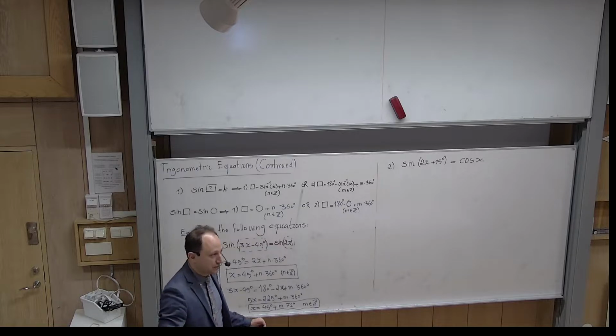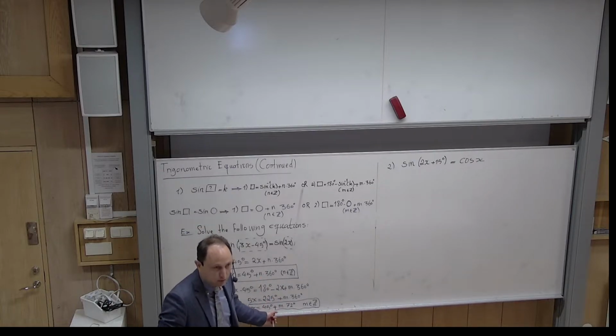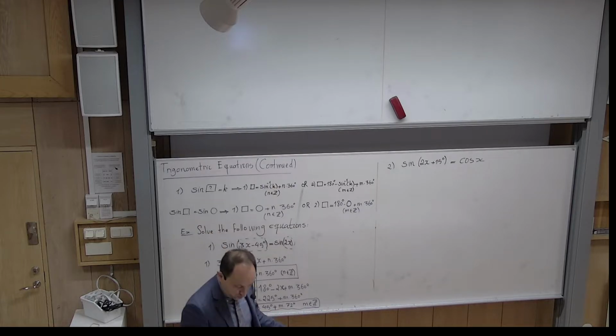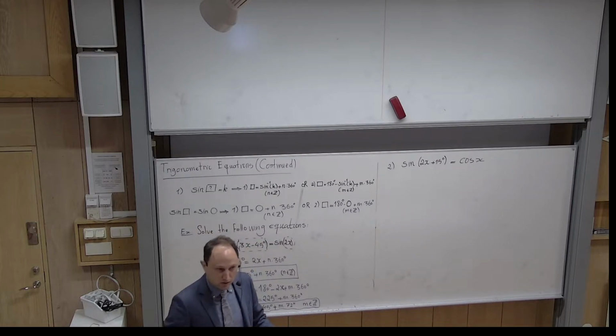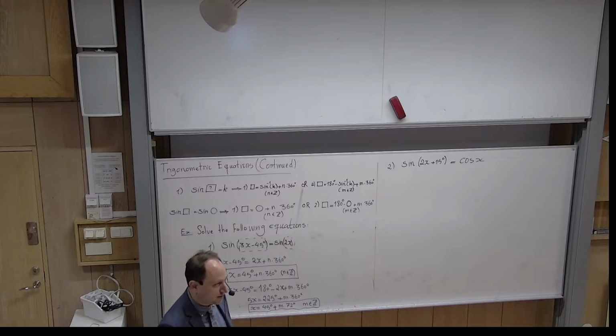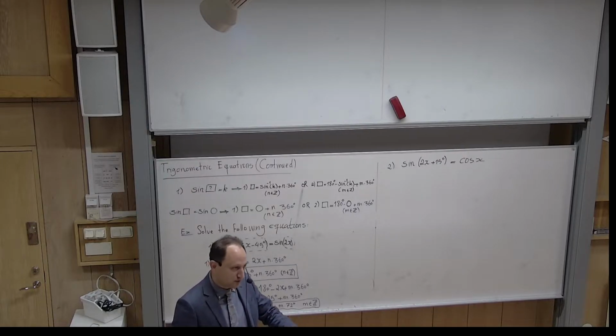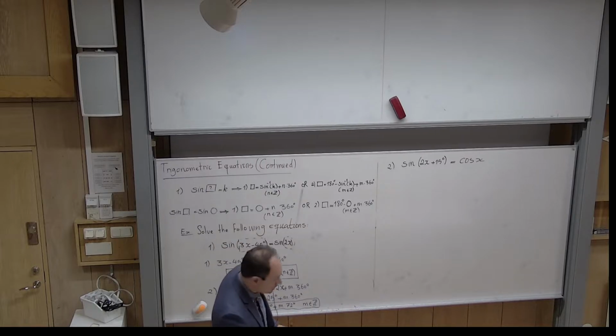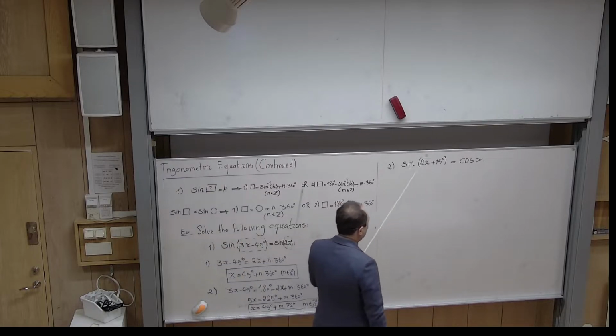Is it that 2x plus 15 is supplementary or complementary to x? But it is not yet, because I don't know x. But the idea is clear. I need to use the idea of complementary angles, because I told you that sine and cosine are not independent mathematical creatures. One of them is 90 degrees minus the other one, something like that. So here you see that I have sine, I have cosine.